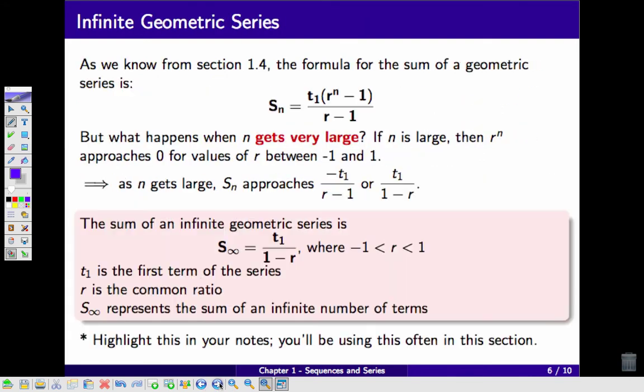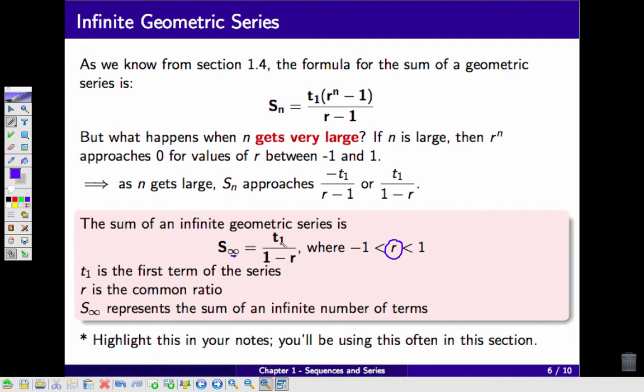It all depends on your value of r, that common ratio. If the common ratio is between -1 and 1, for example 0.5, then it will converge, and we can find the sum to infinity.